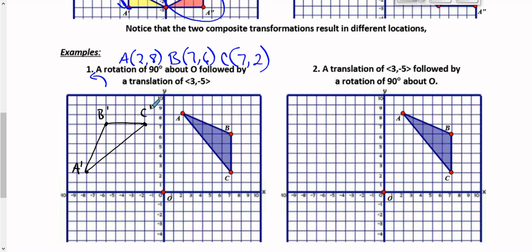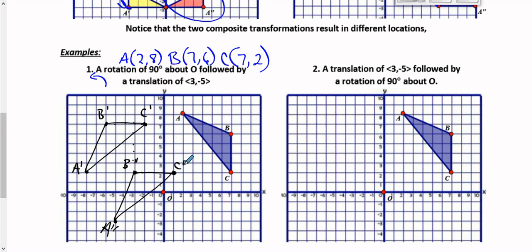Right 3, down 5. 1, 2, 3, 1, 2, 3, 4, 5. For that vector, that's only 1, 2, 3, 4. So here we have, what are we going to call it? Double prime. And this will be B double prime and C double prime.